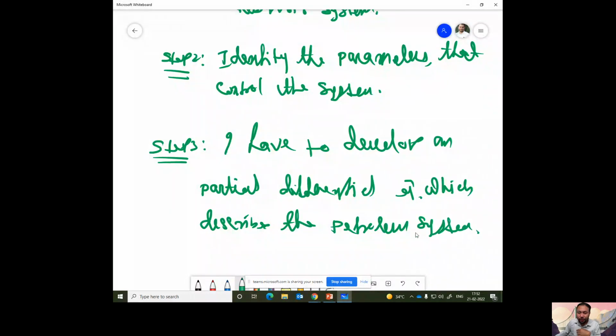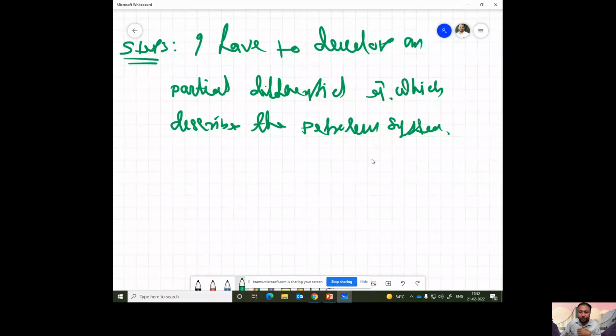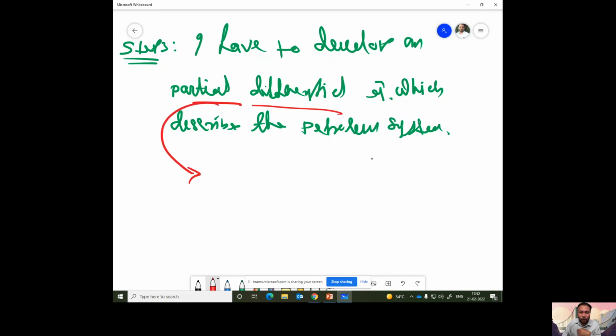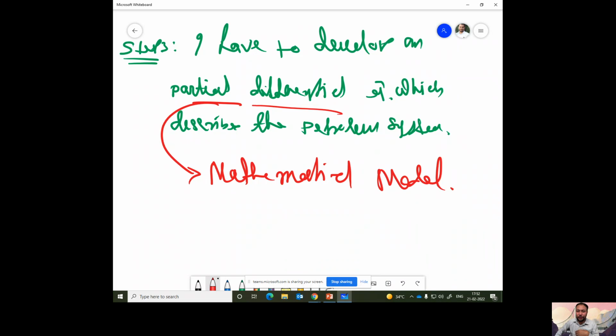Okay. So now this partial differential equation is called here the mathematical model. So don't confuse.